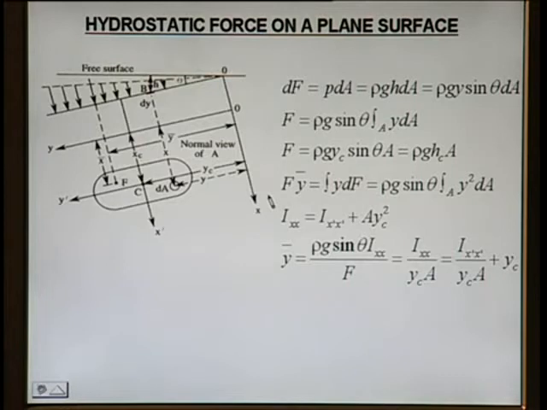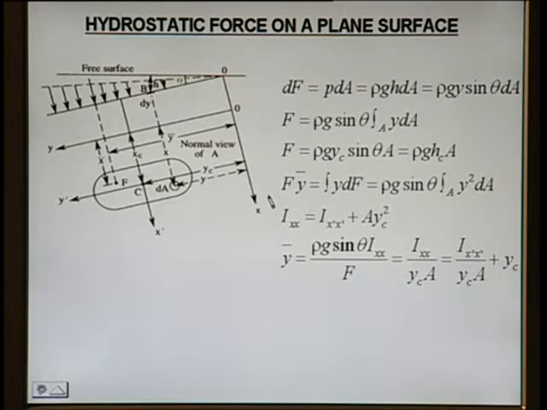Now for that we have to build a masonry structure across the river to store water on the upstream side. To design it very properly, we must know what is the force coming on the structure due to the contact with fluid.